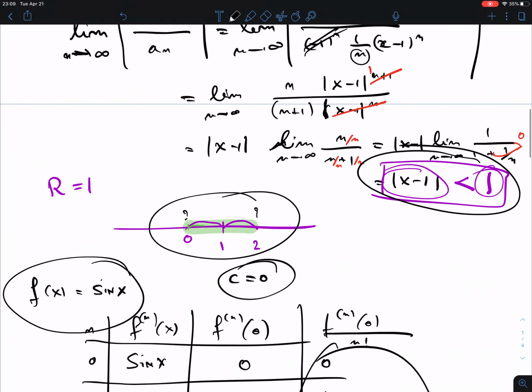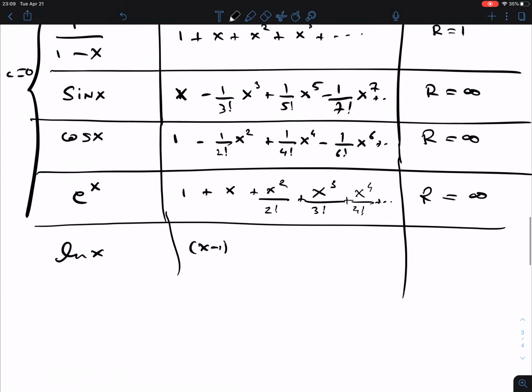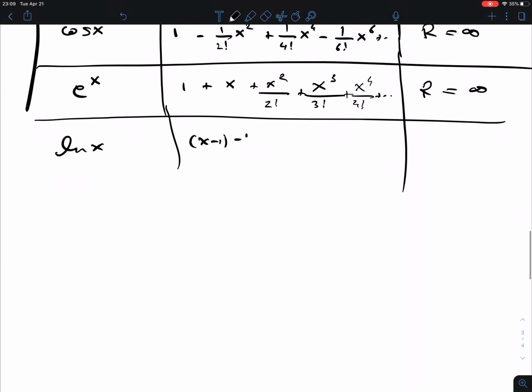Yeah, and then minus a half x minus 1 squared, plus 1/3 x minus 1 cubed, minus 1/4 x minus 1 to the 4th, dot, dot, dot. But r was 1 here. And remember, the center is 1, right? So that the interval is from 0 to 2.